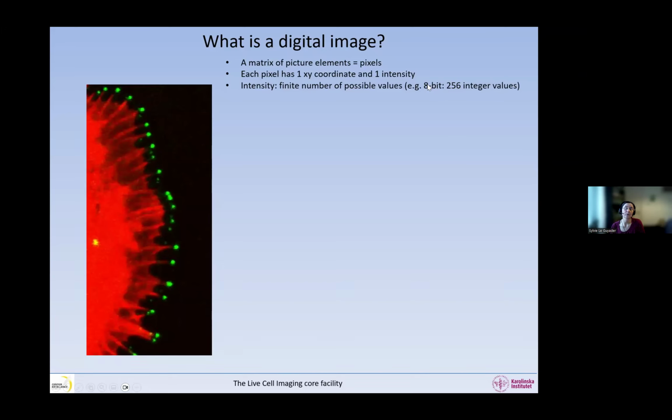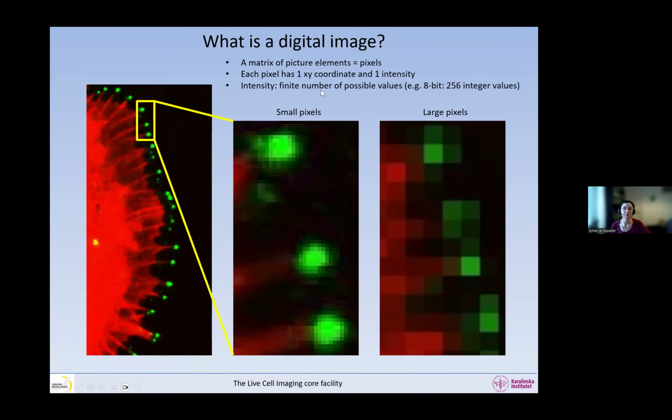But if you acquire images in 8 bits, then we have 256 integer values, so it goes from 0 to 255. Altogether we have 256 values, and you cannot have an intensity value of 200.3, for example. It's always integer values. So we have a finite number of possible values.